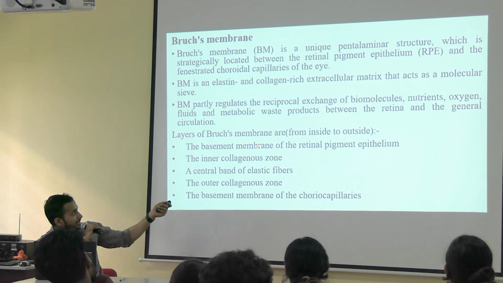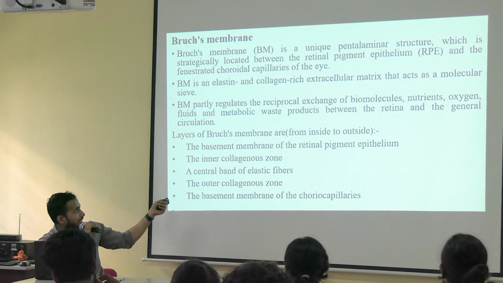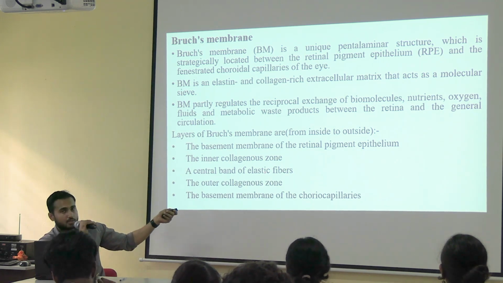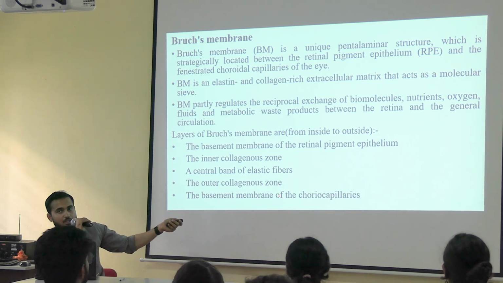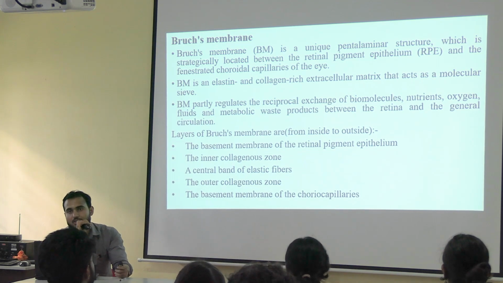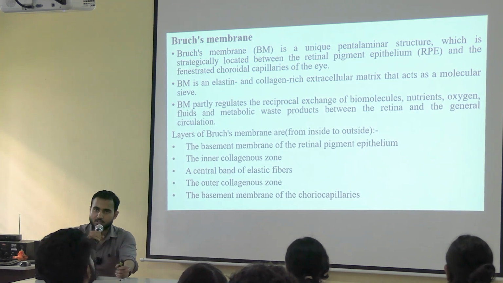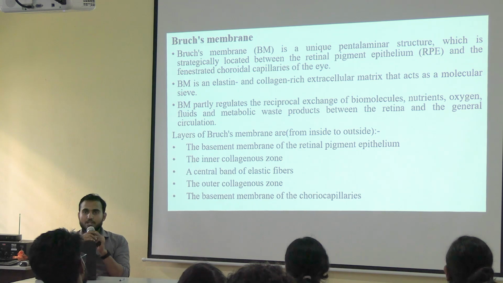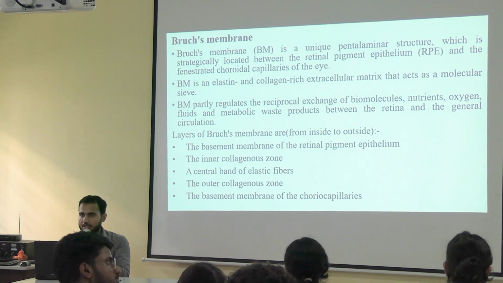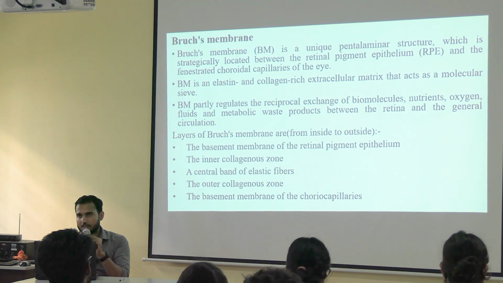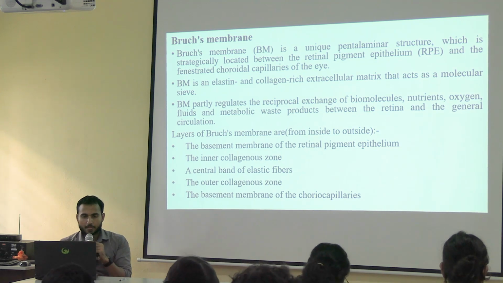First of all, the basement membrane for the retinal pigment epithelium, then the inner collagenous zone, central band of elastic fiber, outer collagenous zone, and there will be a basement membrane for the choriocapillaris. This is how the Bruch membrane is formed. Through these layers only, the exchange of nutrients and waste material takes place from the normal circulation to the retina.